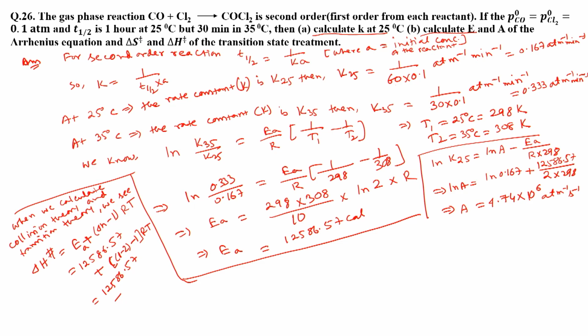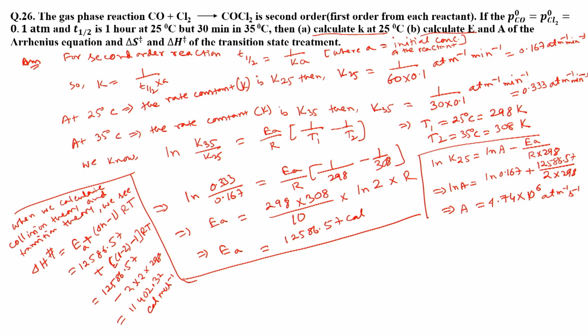So we get 12586.57 minus 2 times R. EA is calculated in calorie units, so we use calorie unit again, 2 times 298. So we get 11402.32 calorie per mole.